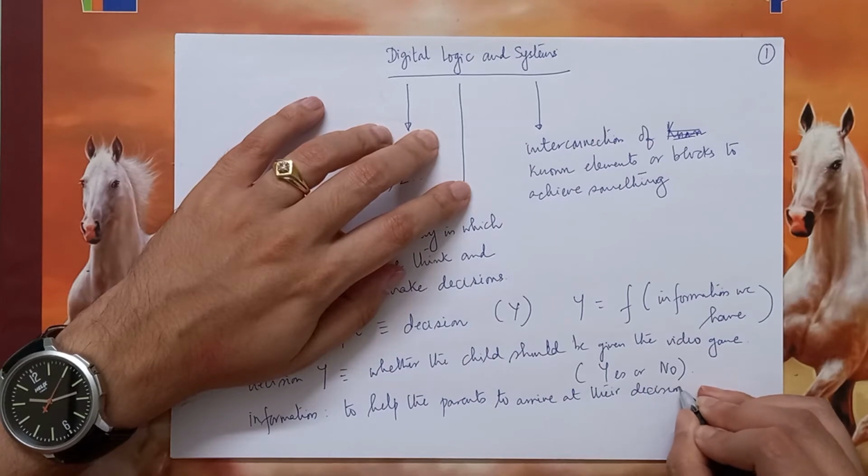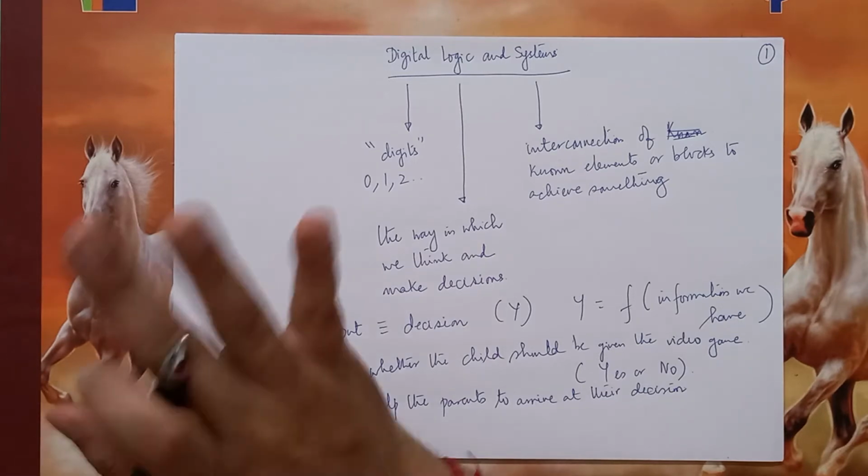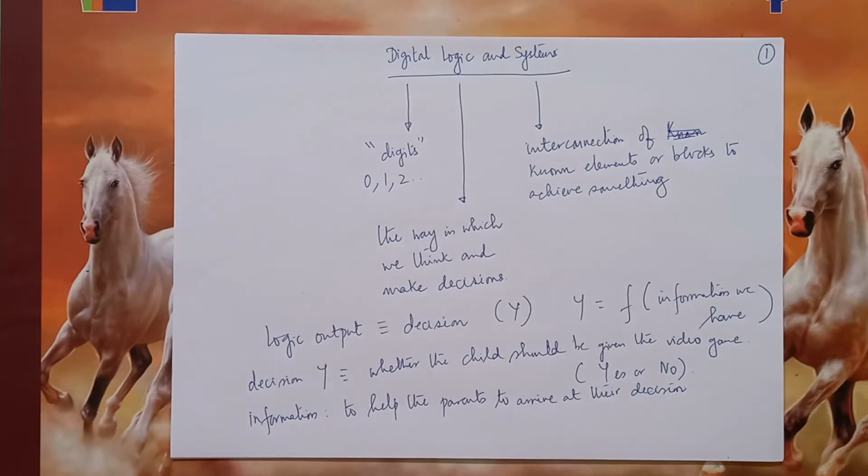Now there could be one piece of information. There could be 2 pieces of information. There could be 3 pieces of information. So on and so forth. In most situations in life, whether it is digital logic or not, you will appreciate that taking most of the important decisions in life involves more than one piece of information.